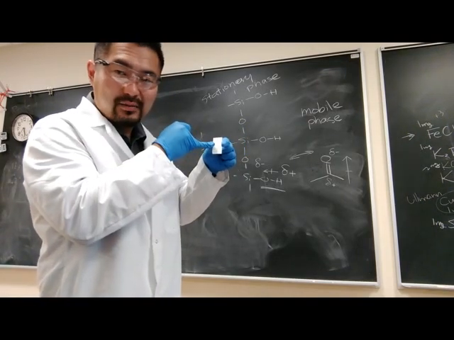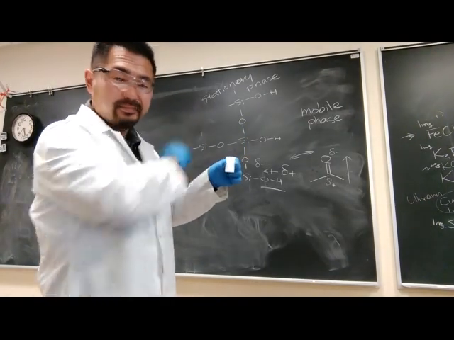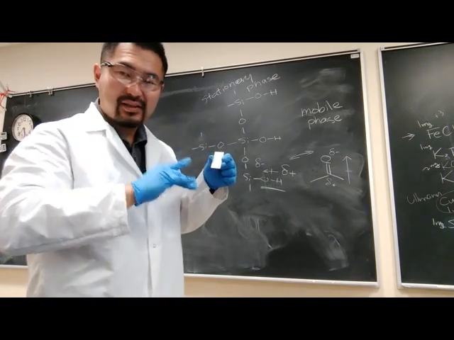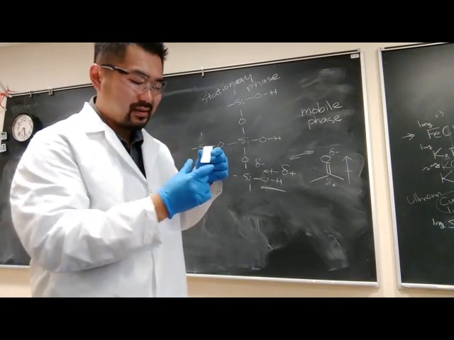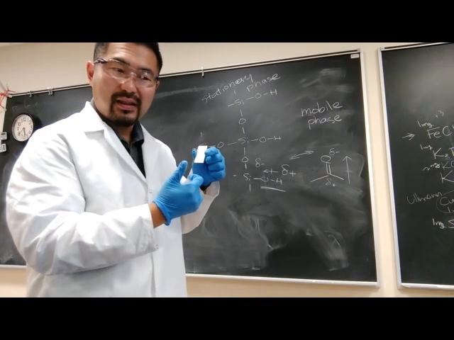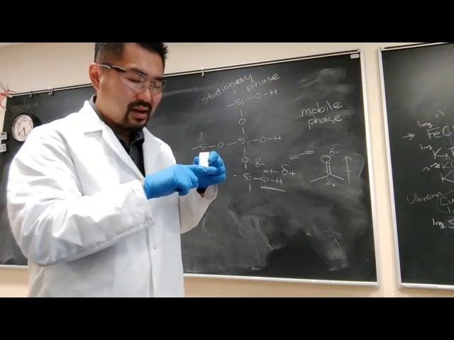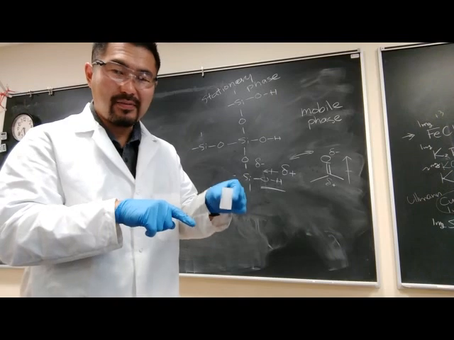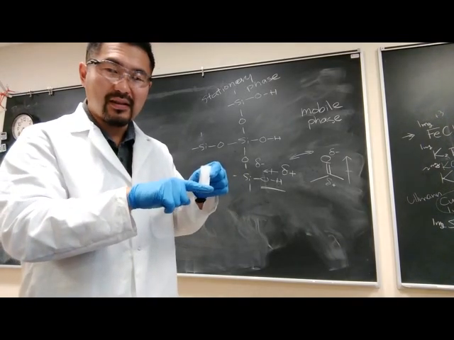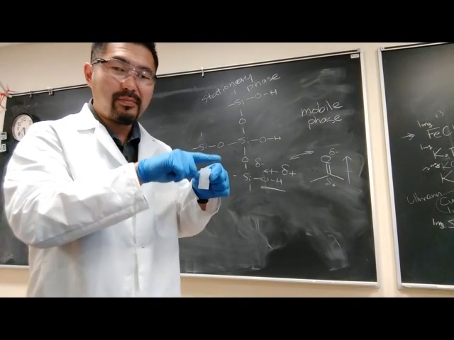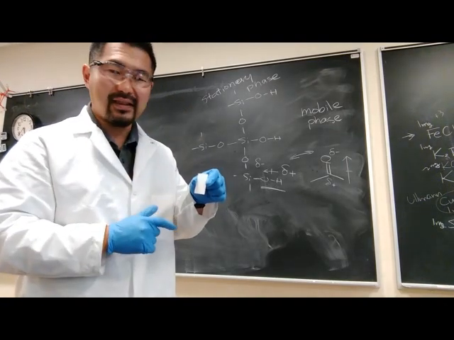Remember, this white stuff is the silica gel. Silica gel stays in place, and the mobile phase is the solvent molecules. Because of capillary action, when you dip the bottom of this TLC plate, the solvent molecules will go up the plate, and you'll be able to visually see that.